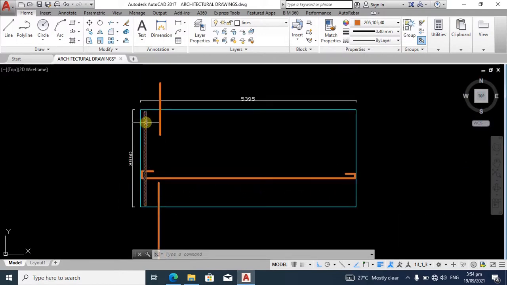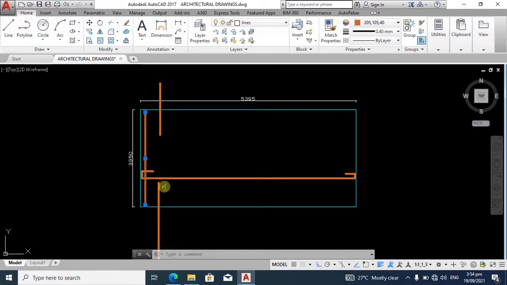We also have reinforcements along the shorter span. These reinforcements along the longer span are going to be parallel to the long span, the longer side of the panel, while the short span reinforcement is going to be parallel to the shorter side of the panel.